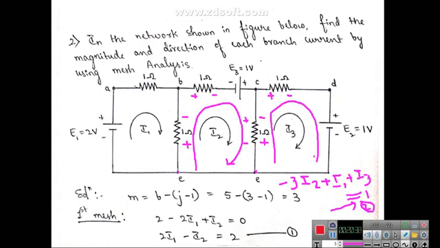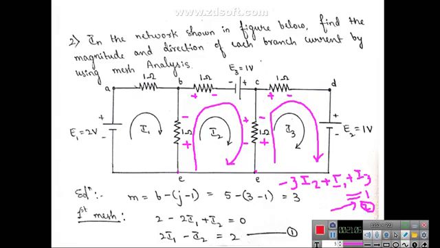Starting from this node, the current is flowing from higher potential to lower potential, and similarly here also, that means a fall in potential. Here also a fall in potential, because we are going from the positive terminal to the negative terminal of the battery.